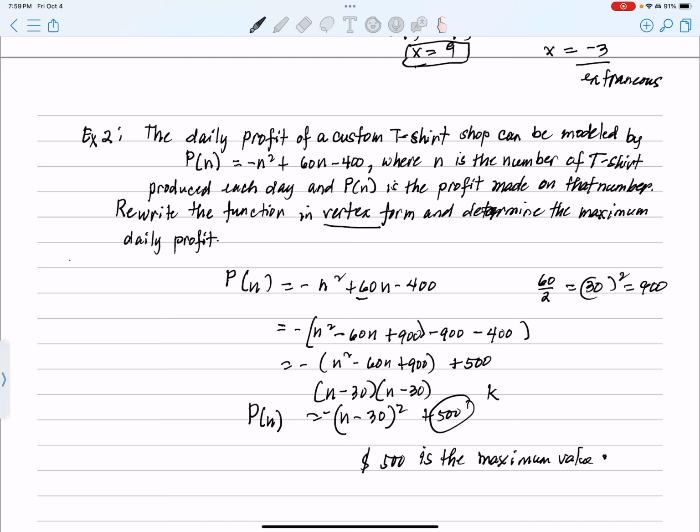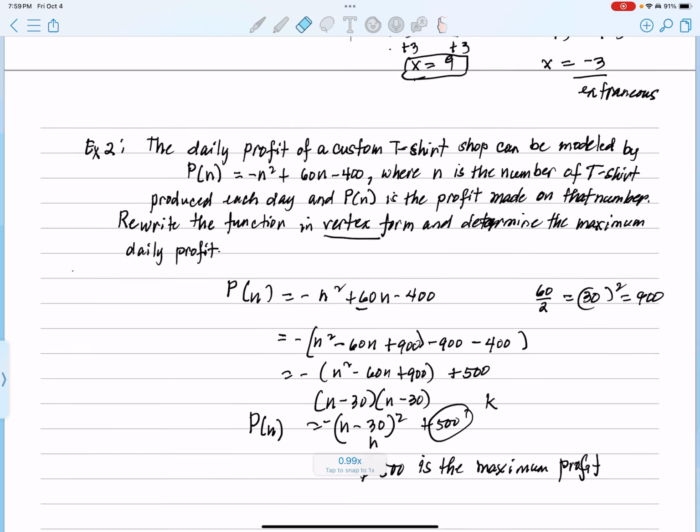I could write this as maximum profit. This is the k, this is the h in our vertex form. Alright, so this is it. This is an example of problems in the vertex form.